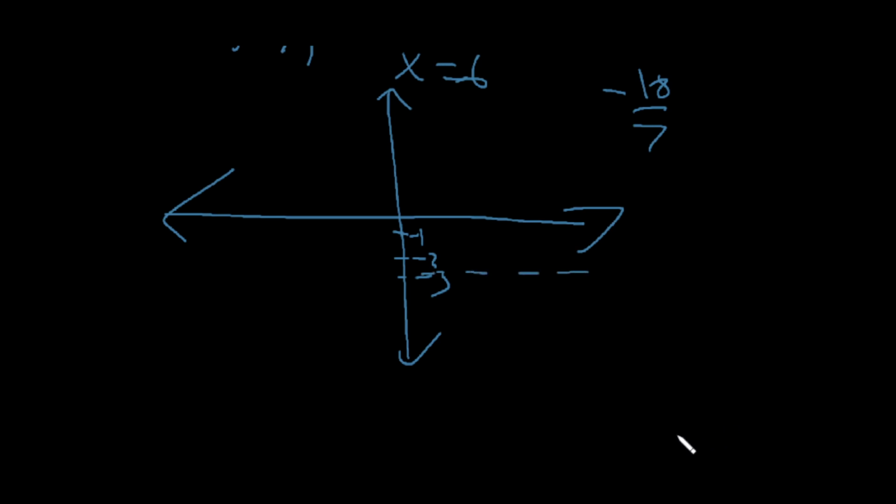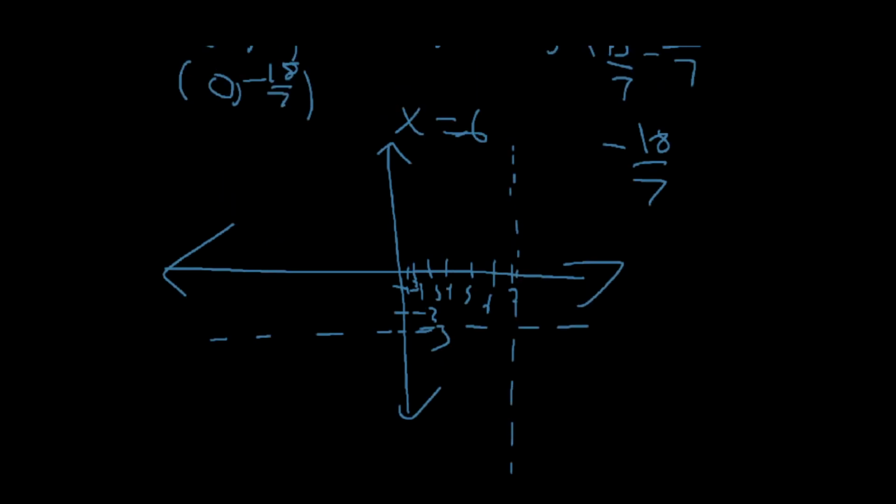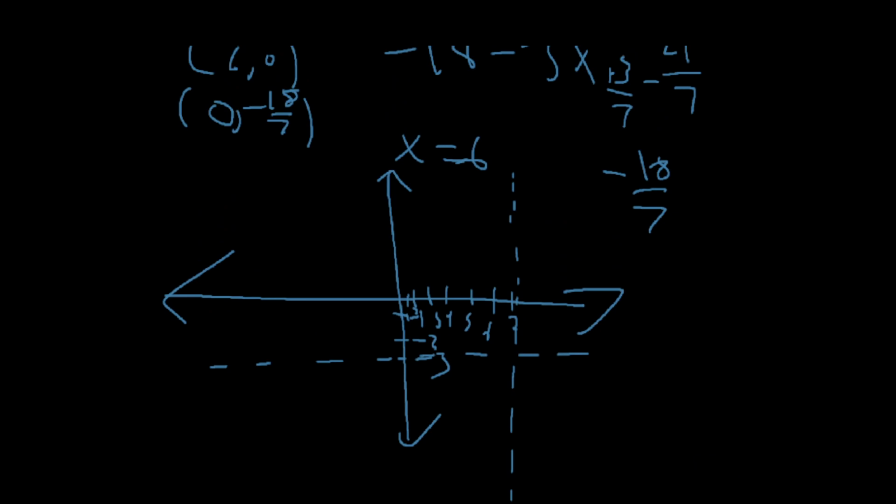Asymptote, and then asymptote at 7. And then mark the intercepts over here and over here.